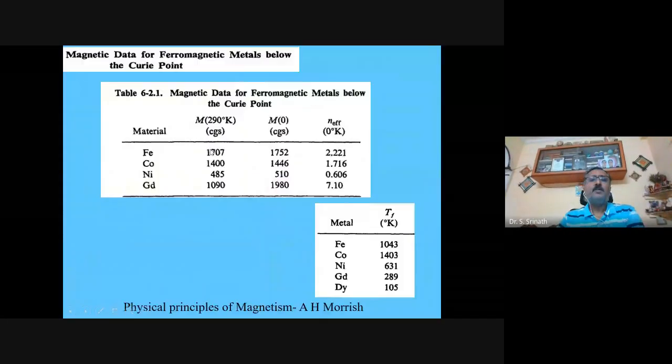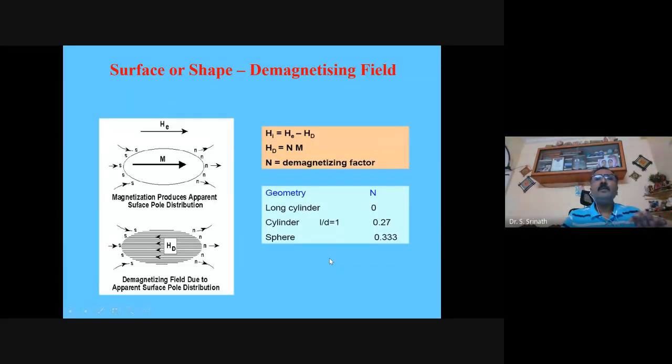Now I'm going to introduce another important energy, which we call surface or shape energy. What does it mean? Suppose you consider an ellipsoid sample. You can apply an external magnetic field, or even in the absence of an external field, because of the coupling between the spins, that is the Heisenberg exchange interaction, the spins can all point along one direction.